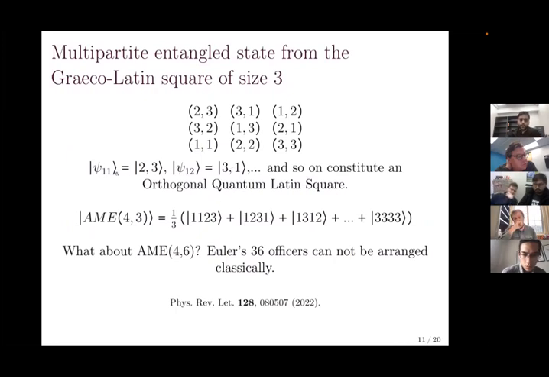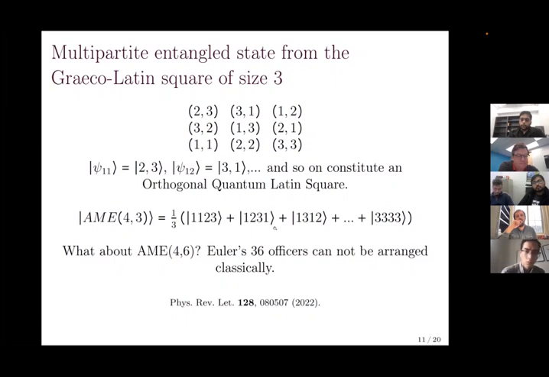These states, 2 3, 3 1, 1 2, 3 2, constitute an orthogonal quantum Latin square. And the state defined by this, where the first 2 are the position, row and column, and the last 2 are the corresponding ordered pair, like 1 1 2 3, 1 2 3 1, 1 3 1 2, is the absolutely maximally entangled state associated with this orthogonal quantum Latin square.